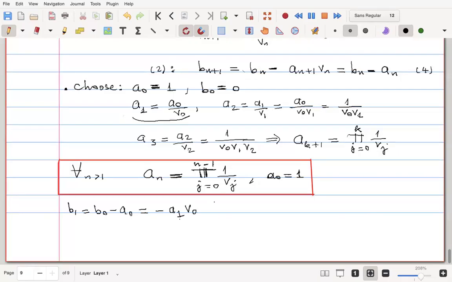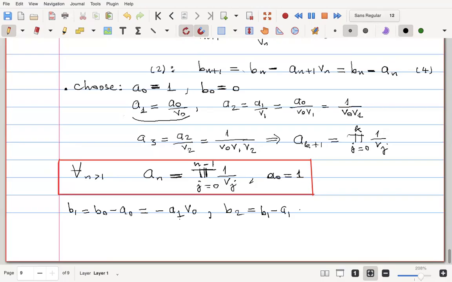So that's for b_1. Now for b_2, b_2 will be b_1 minus a_1. So this is b_1 minus a_1. I will do the same thing here: a_1 will be the product a_2 v_1. But our b_1, I will use this value.